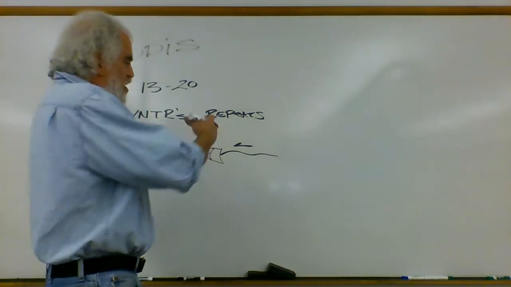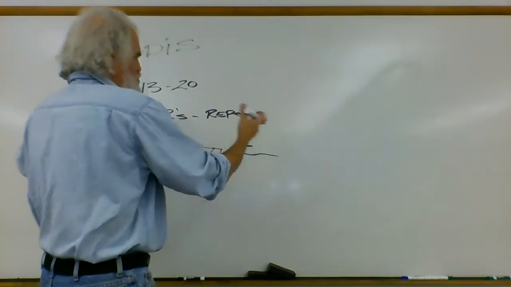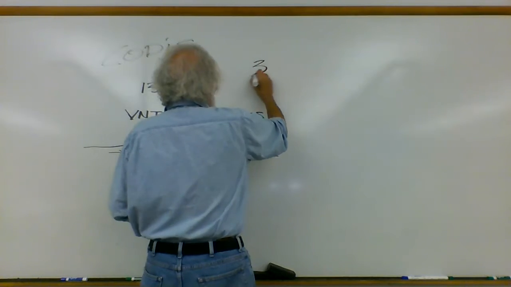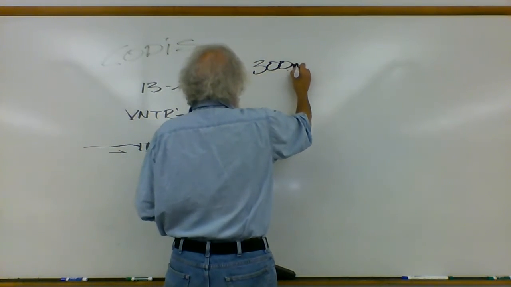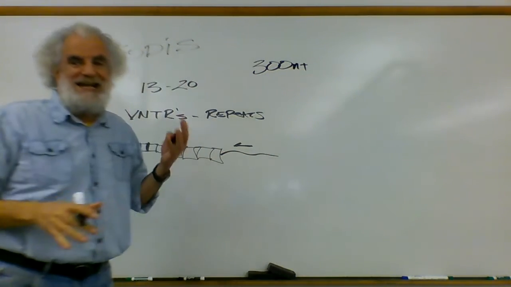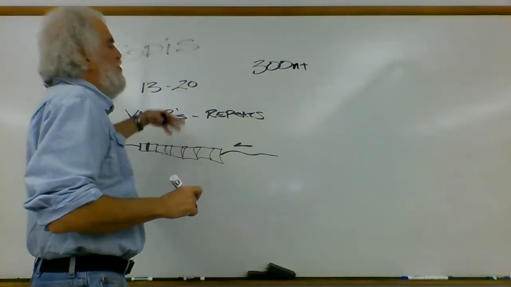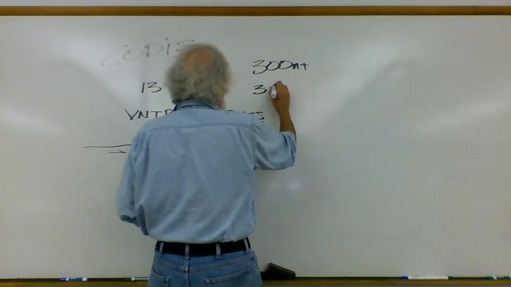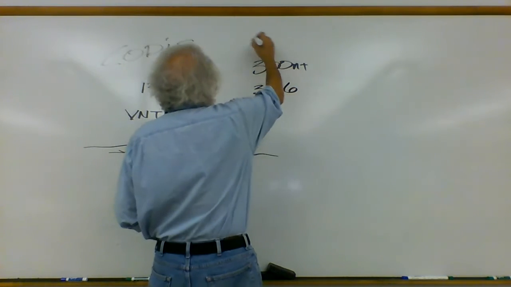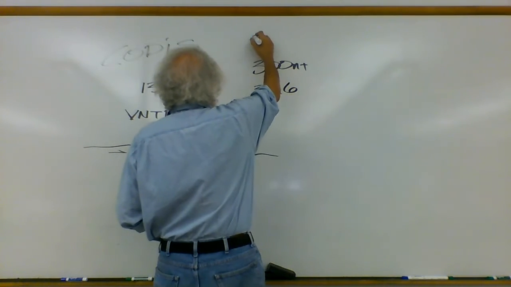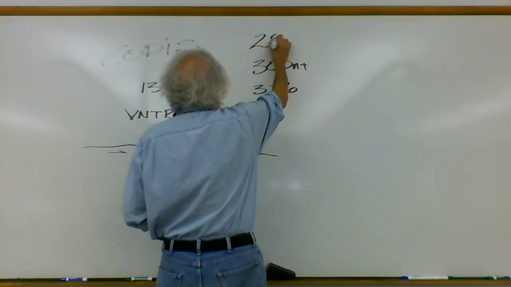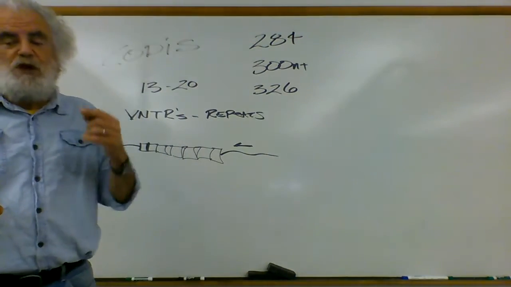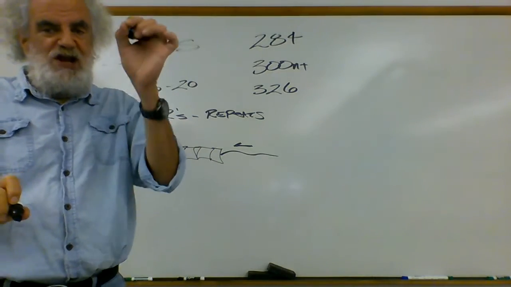One of the CODIS sequences we're working with, you'll generate a 300 nucleotide or so DNA fragment. And then depending on the number of repeats, it might range to 326, or it might go to 284. I'm just making these numbers up. But you have a range of sizes.